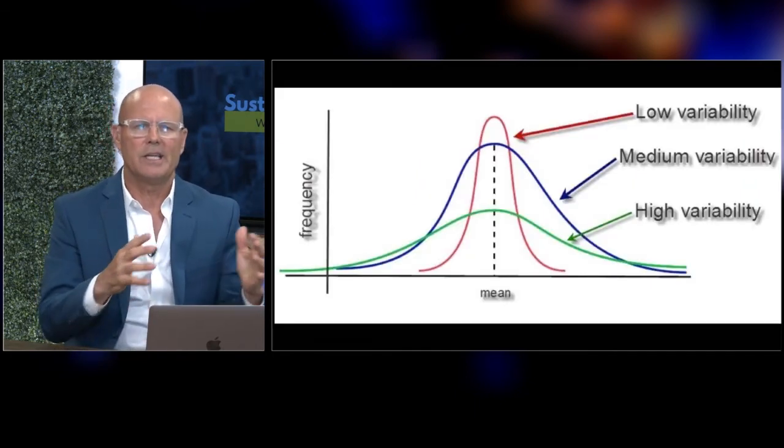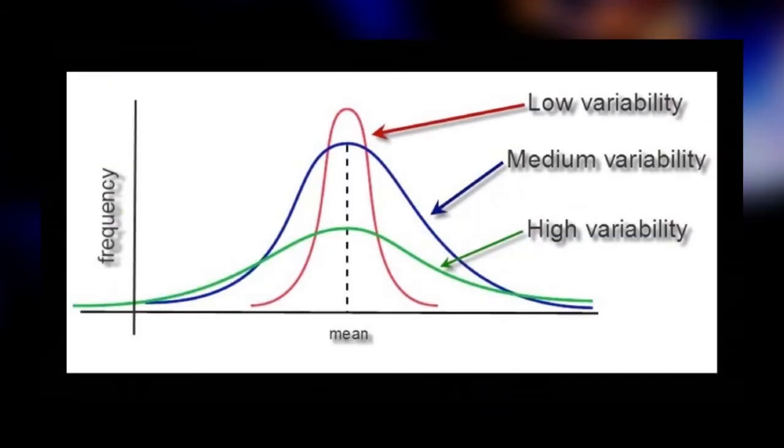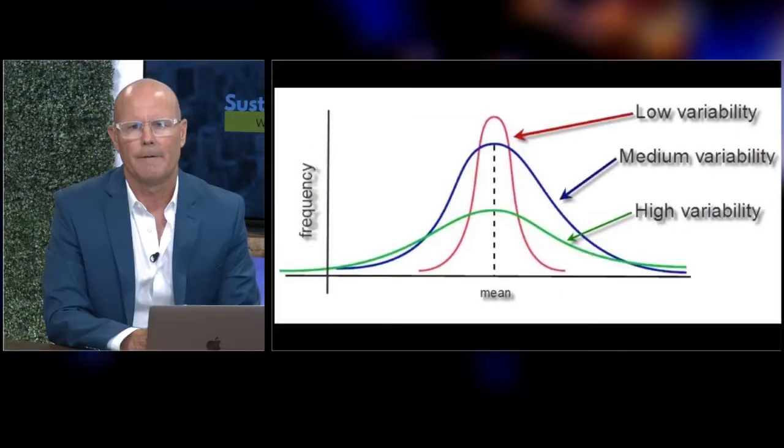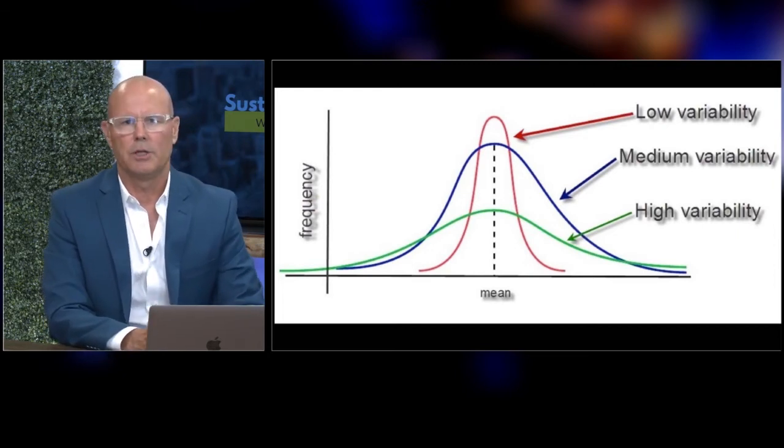And so this thing called the bell-shaped curve is steep, or it's spread out. And when it's spread out, it tells you that, wait a minute, all 3 of these bell-shaped curves have the same expected return. Which one would you rather have, the red, the blue, or the green?